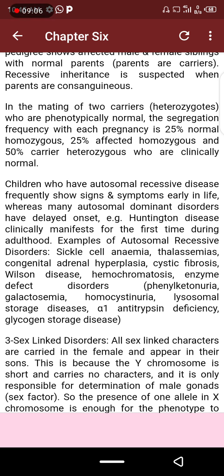Examples of autosomal recessive disorders are sickle cell anemia, thalassemia, congenital adrenal hyperplasia, cystic fibrosis, Wilson disease, hemochromatosis, enzyme defect disorders, phenylketonuria, galactosemia, homocystinuria, lysosomal storage disease, alpha-1 antitrypsin deficiency, glycogen storage disease.